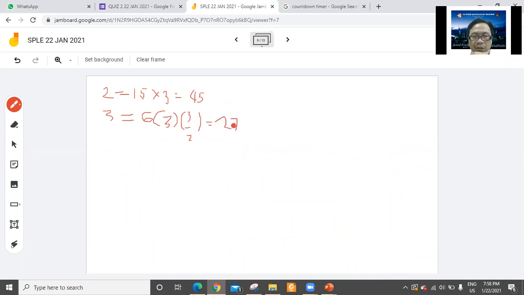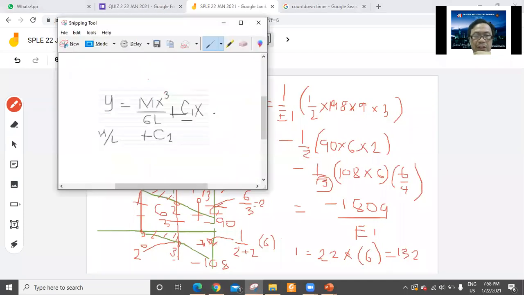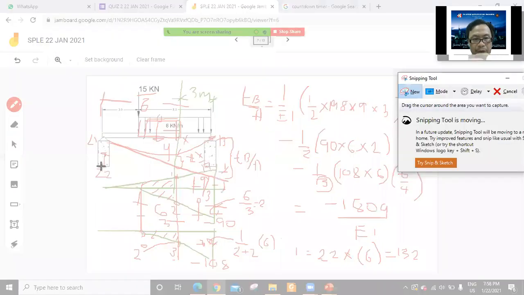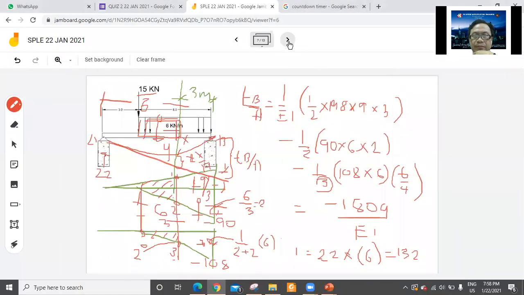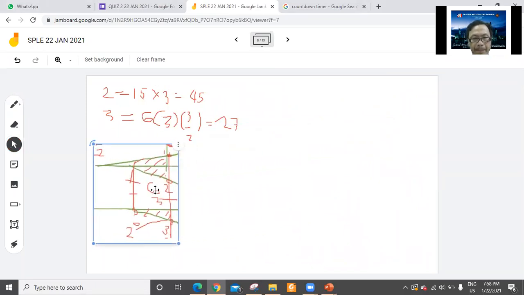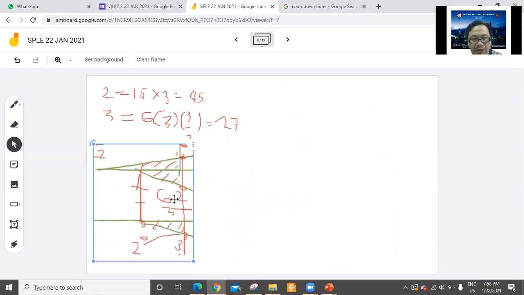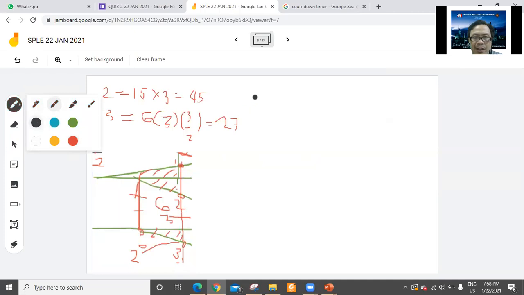Now, we are going to calculate this part, that deviation. So that area. What is that area?